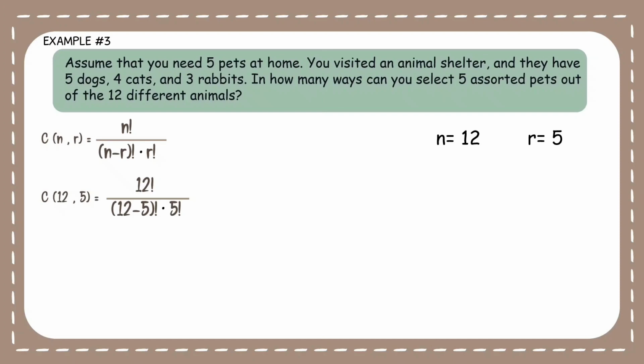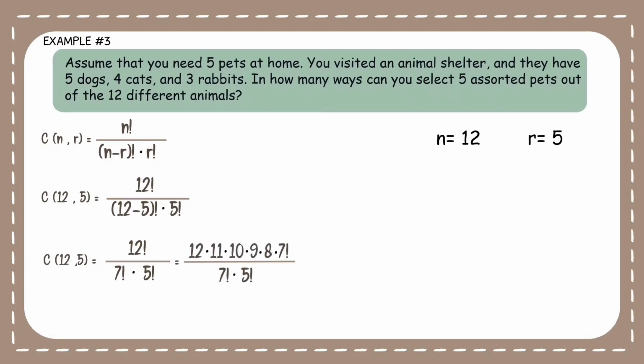By simplifying the equation, 12 minus 5 is equal to 7. We can write our numerator 12 factorial in the form of 12 times 11 times 10 times 9 times 8 times 7 factorial so that we can cancel 7 factorial on both numerator and denominator.